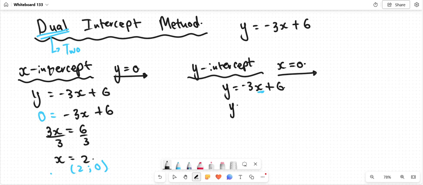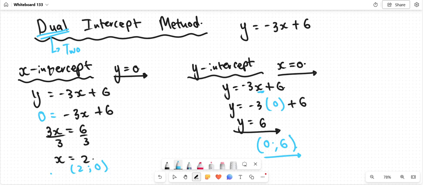So I'm going to keep the y, -3, and replacing the x with 0. And there we go. If you just plug it into your calculator, the 0 with the 3 times gives you a 0. So actually the y-intercept is 6. And if you were to represent this as a coordinate, it's a 0 with a +6.